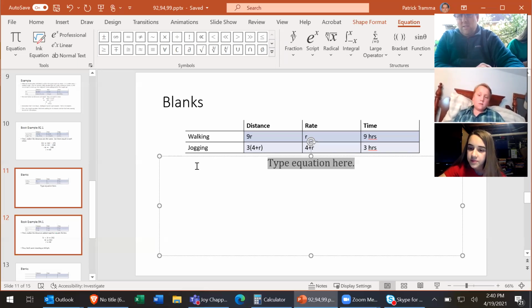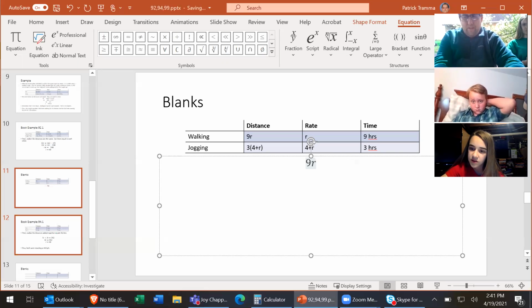How would you write it so that those two distances are equal to each other? Well, they aren't equal. They are. That's what the problem says. Oh, they walked one way to get there and then they jogged to get back. So by reading the problem, you know the two distances are equal. So it's just 9R equals 3 times the quantity 4 plus R.